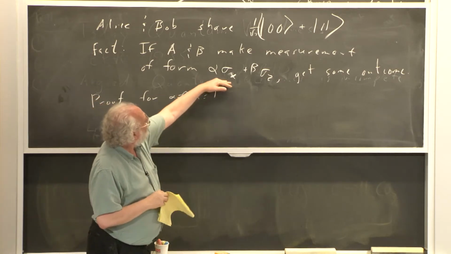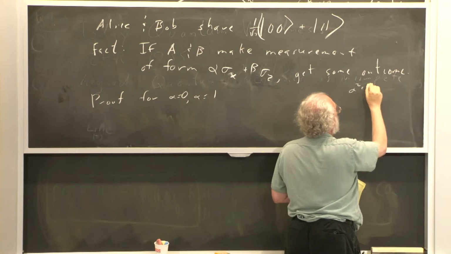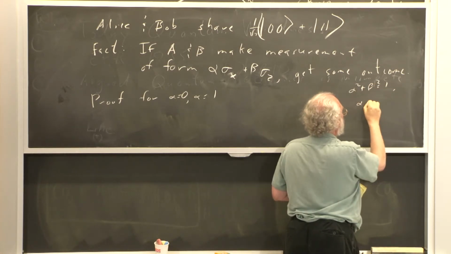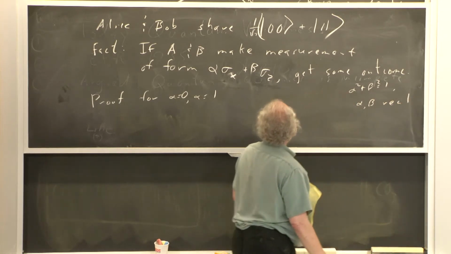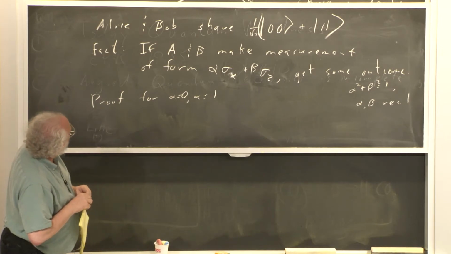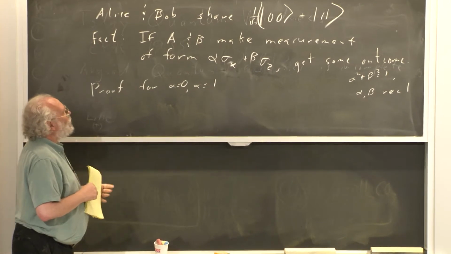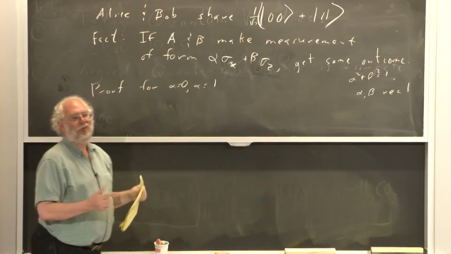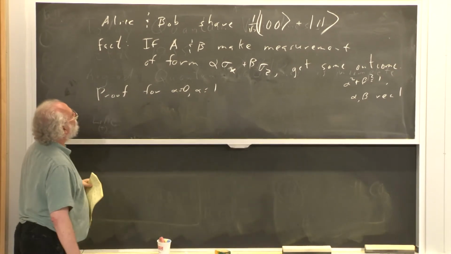Here I probably should have said alpha squared plus beta squared equals 1, alpha and beta real. Otherwise, this is not Hermitian, so it's not an observable.